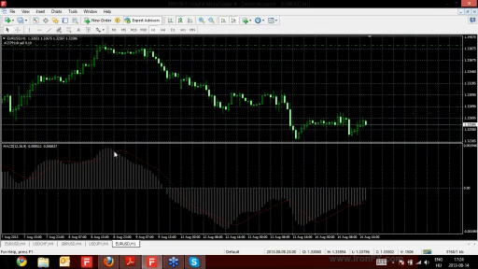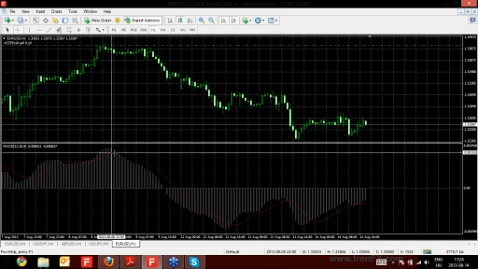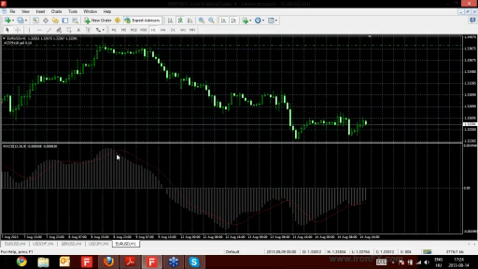So what we can see here is this histogram, which is basically the MACD, and this is the signal line. Okay, and what you can look for are again the crosses that we have mentioned in the previous slides.